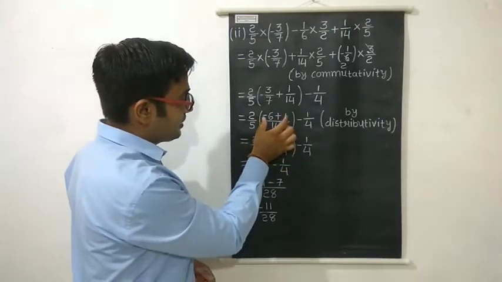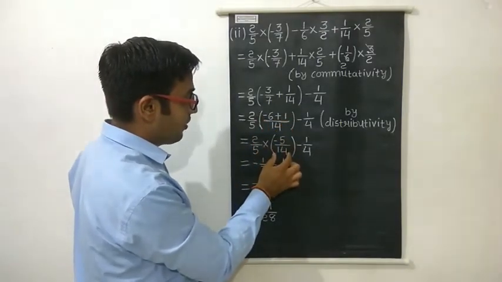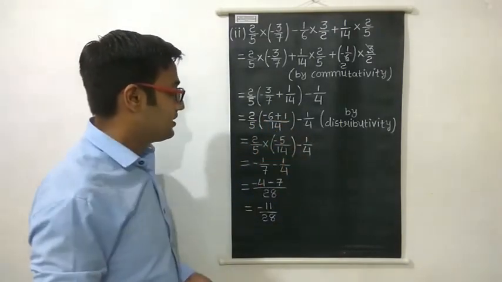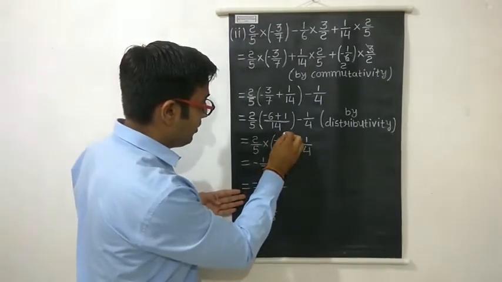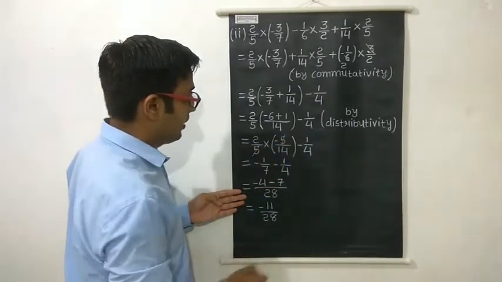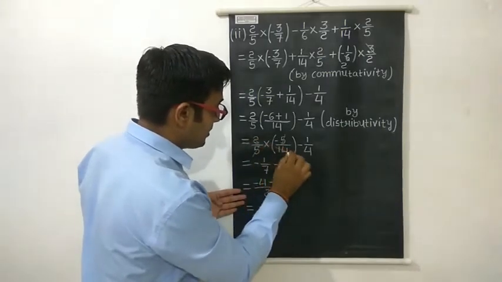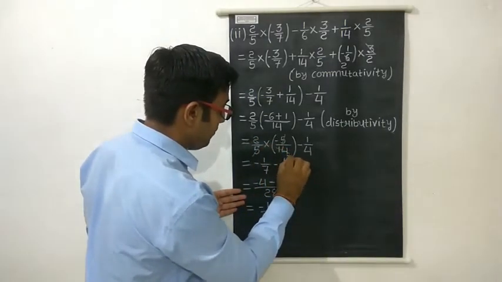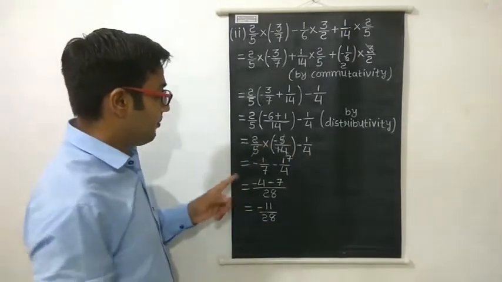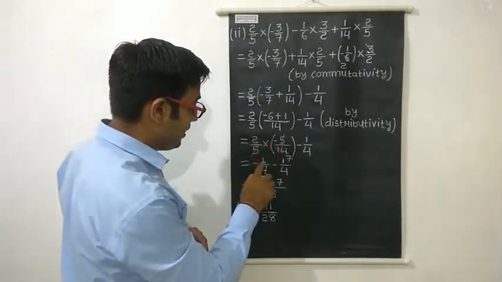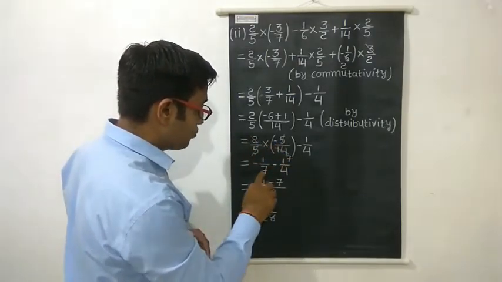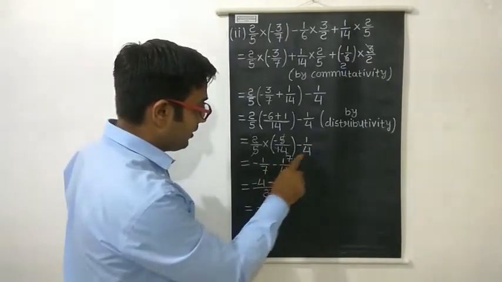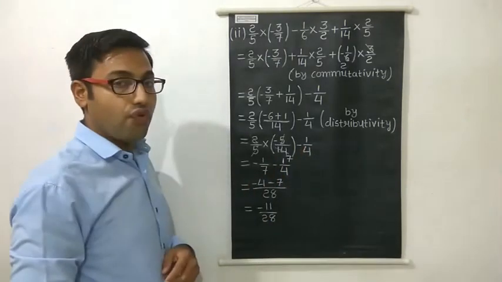Now the simplification of this is minus 5 upon 14. This remains as it is. Now we can cancel out 5 and 5, and 2 7s are 14, right? So what will remain here? Minus 1 in the numerator and in the denominator there is only 7, and here we have minus 1 upon 4.